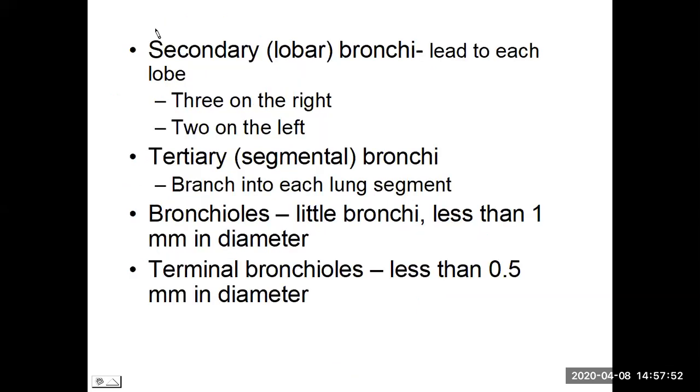So that brings us here. Our primary bronchi, their job, of course, is to deliver air into each lung. That's the purpose of the primary bronchi, simply delivering air to the lung. Now, the secondary bronchi branch to each specific lobe of a lung. On the right side of the body, the right lung has 3 lobes.